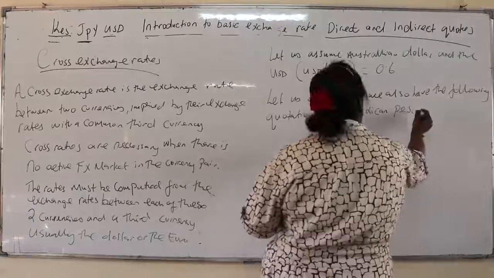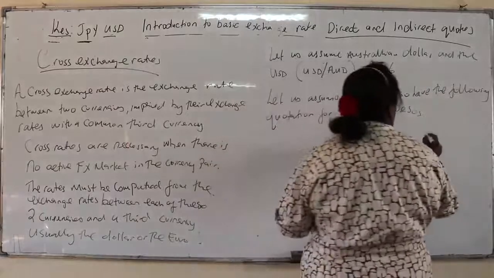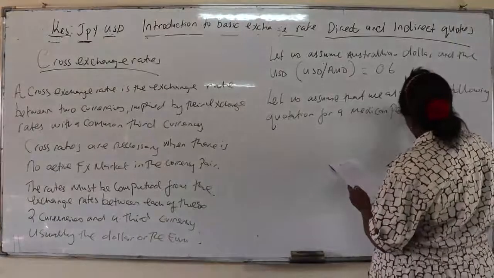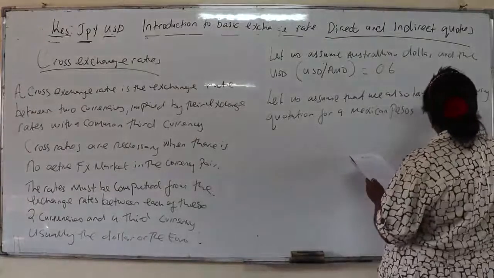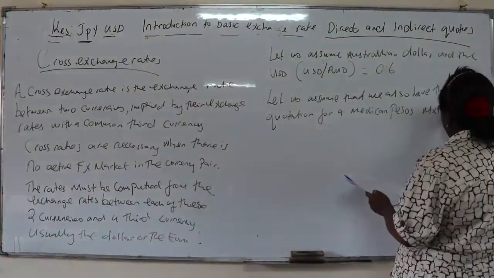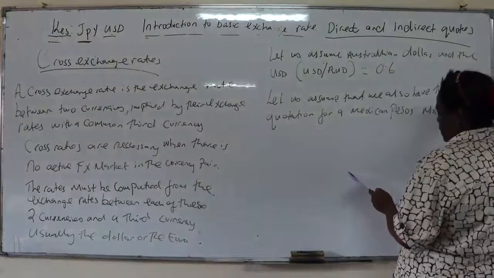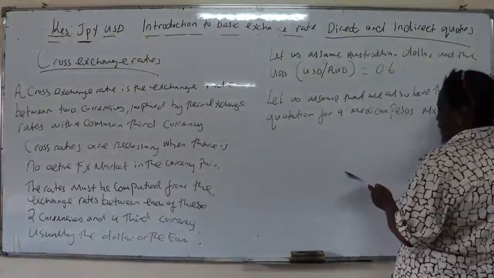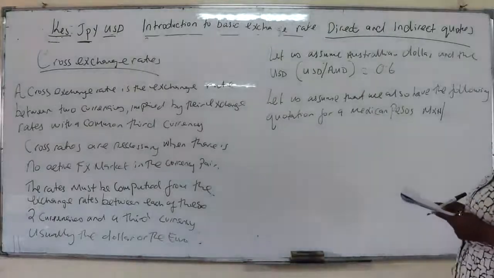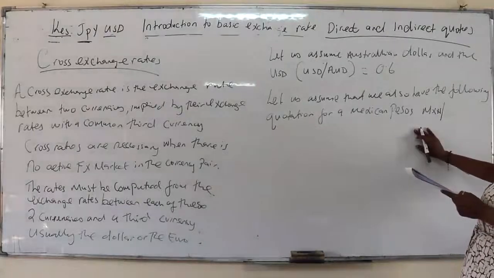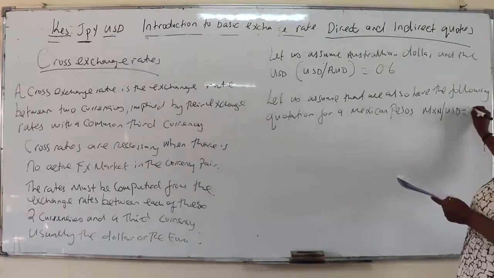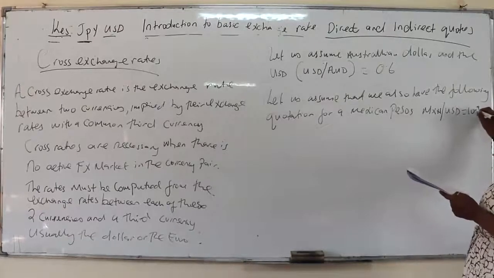The Mexican peso and the US dollar is equal to 10.7.